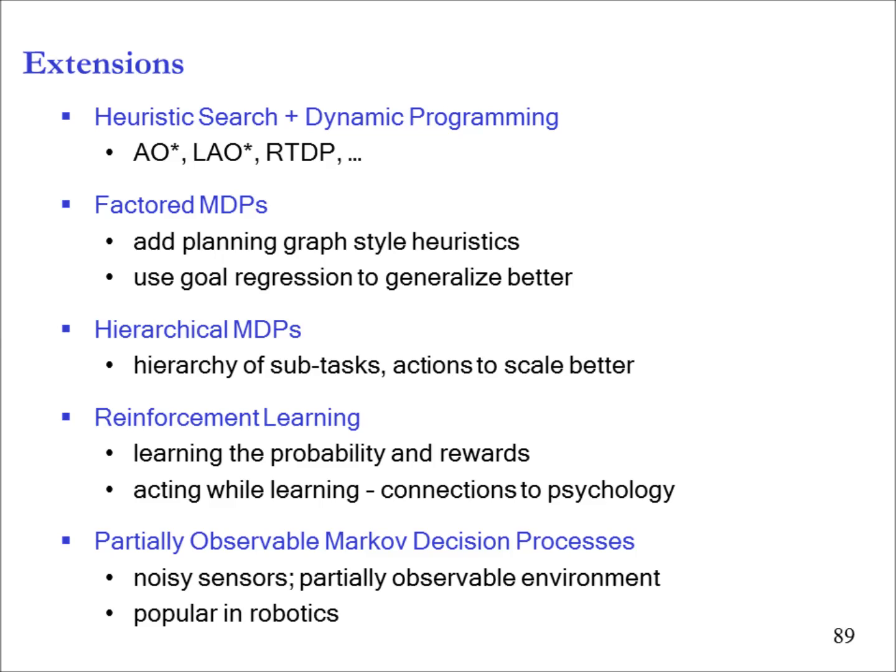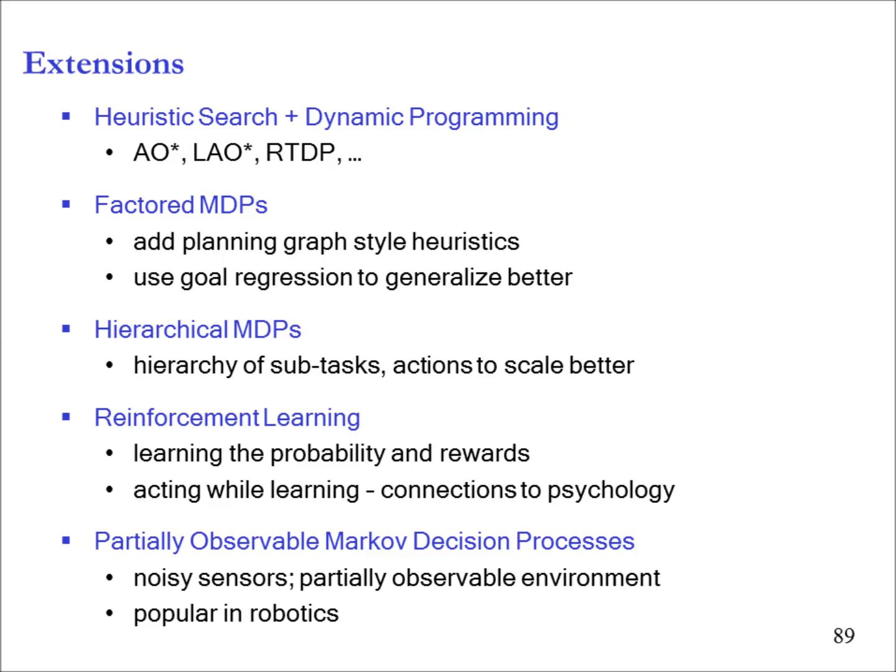So like in A star, what did we do? We started from the start state, used the heuristic function to try to get to the goal faster. You can have the same ideas within Markov decision processes. We will not get into this. But the idea there is, if I have the start state and a heuristic function, then how do I exploit that heuristic function? And the algorithm is called LAO star.